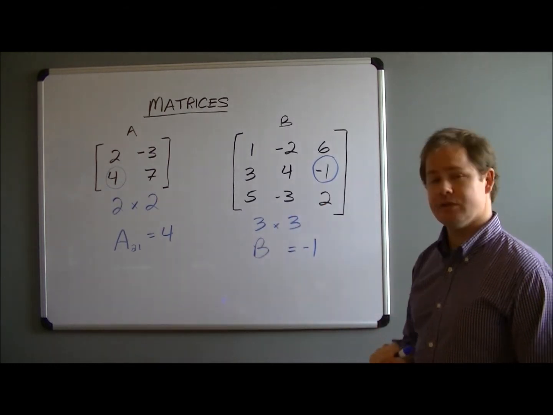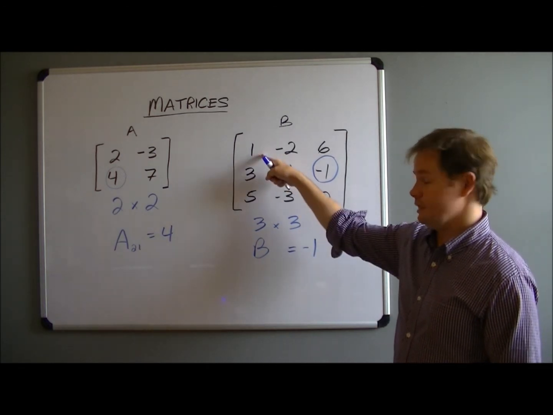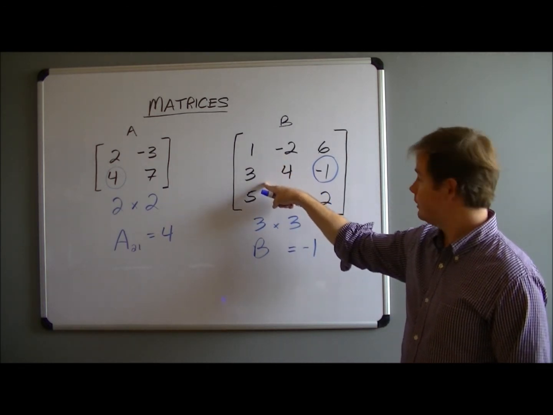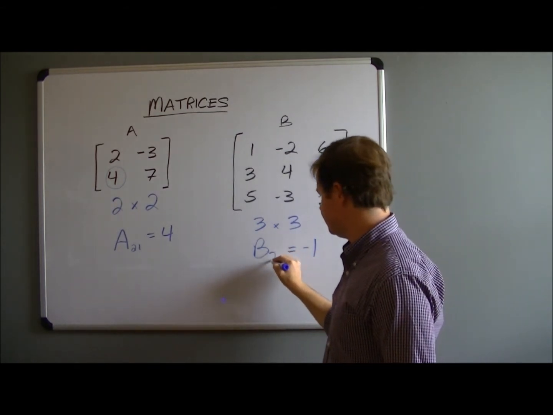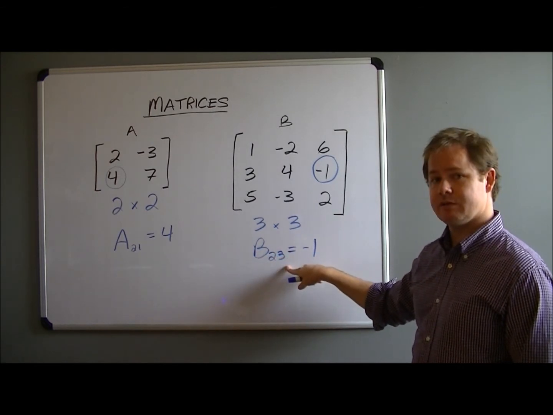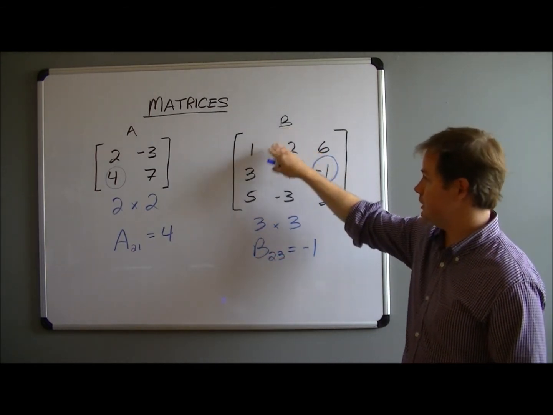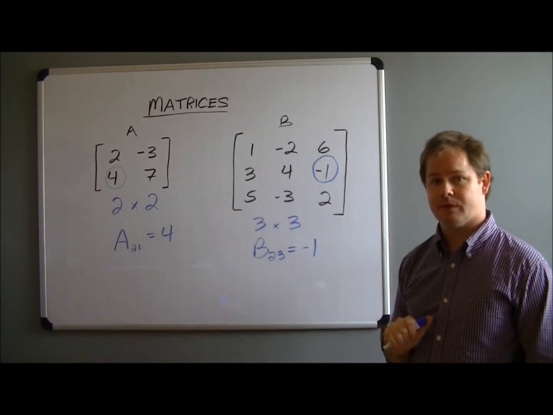If we take a look at that term -1, we notice that it is in the second row and third column. So our subscripts here would be 2, 3. So B23, that term that's located in matrix B, row 2, column 3, is -1.